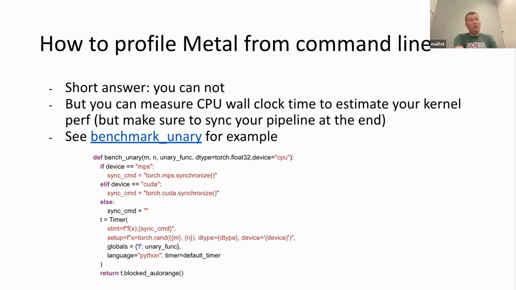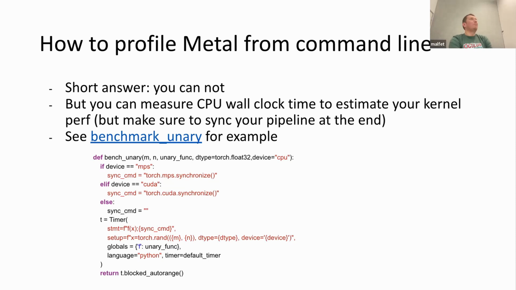But if you really want to profile your Metal kernel, what can you do? Well, unfortunately, you cannot. There are no public APIs right now that allow you to collect any real metrics about what's going on on the Metal GPU. But you can measure CPU wall clock time to estimate your kernel performance.